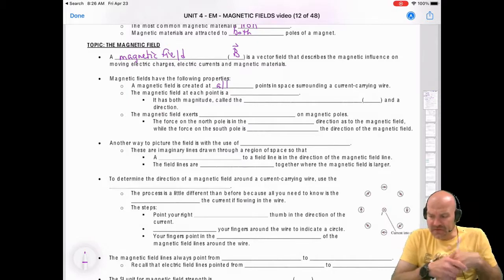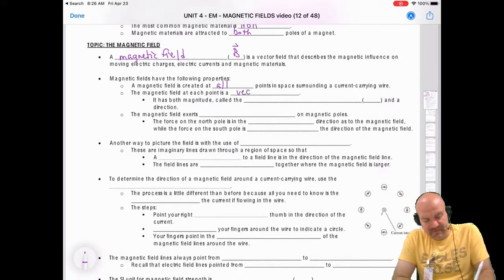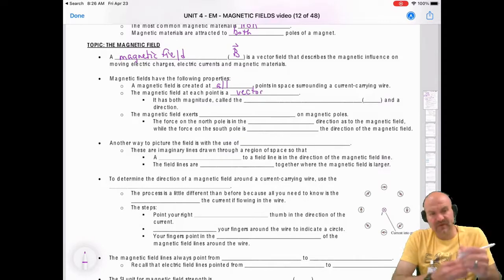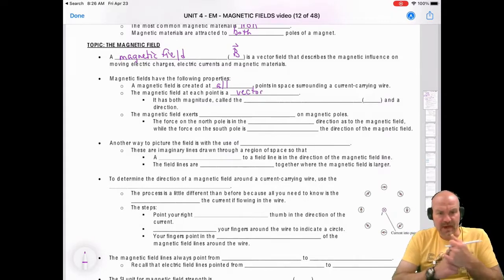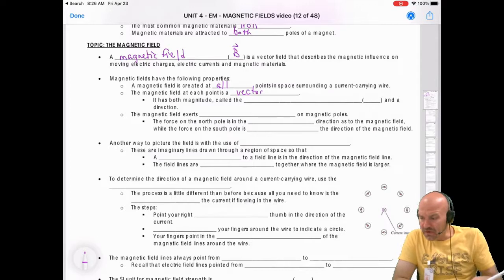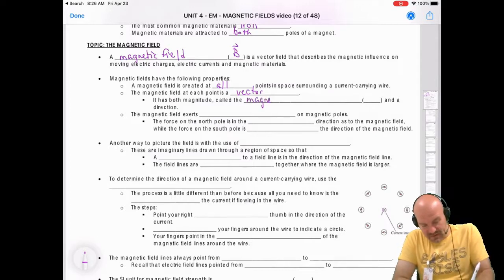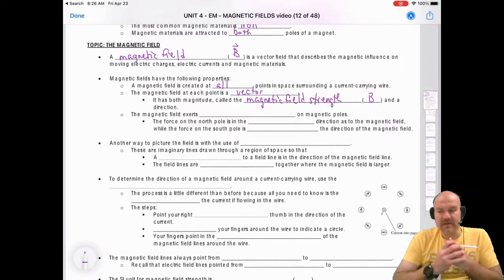Right. So the magnetic field at each point is a vector. This is one of those famous vector fields. It has both magnitude, which we call the magnetic field strength, or B, and a direction.